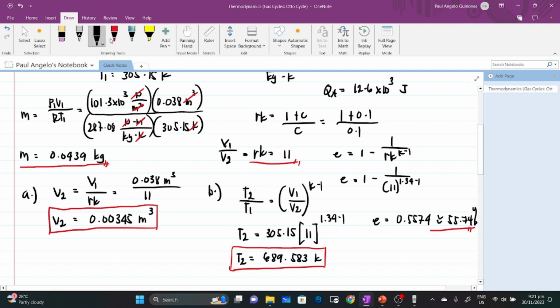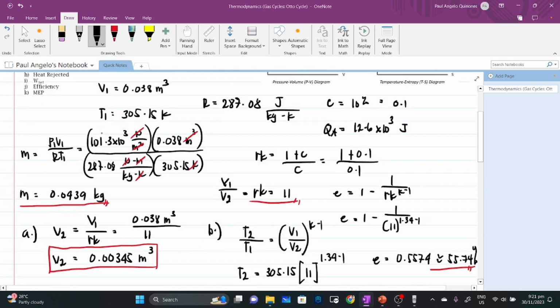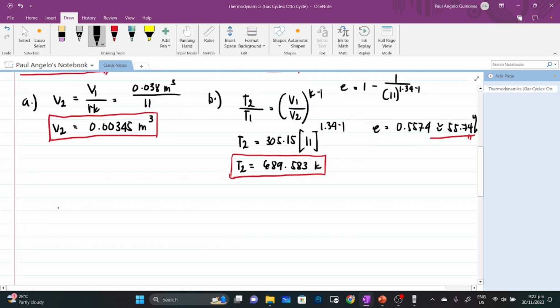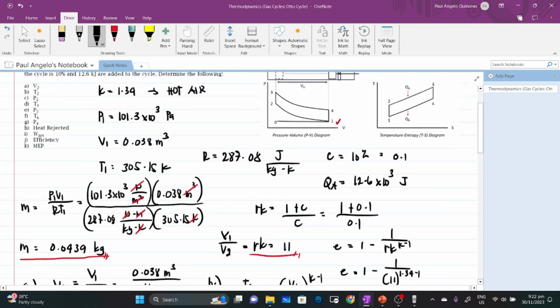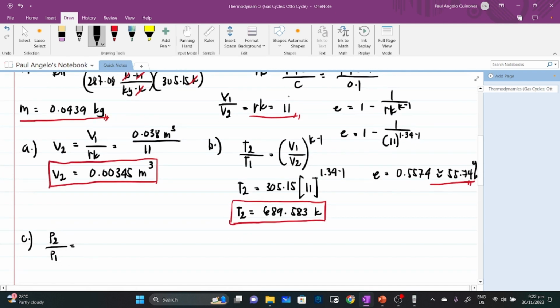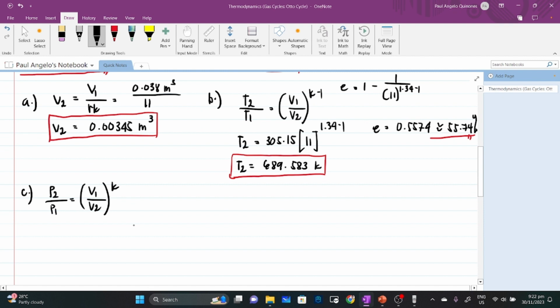So letter C, we are asked to solve for P sub 2. So that is also an isentropic relation because point 2 or pressure 2 is located here. So P2 over P1 is equal to V1 over V2 raised to k, wherein P2 is equal to P1 times V1 over V2 raised to k.